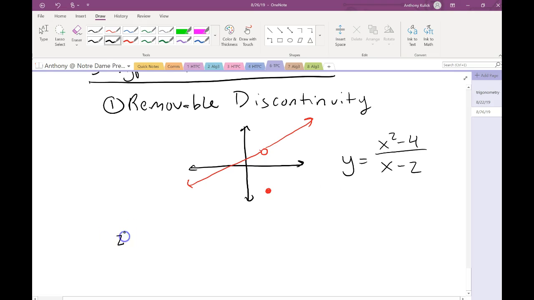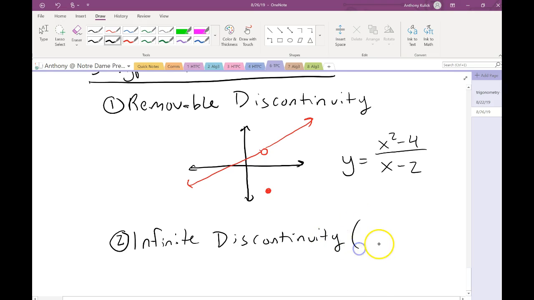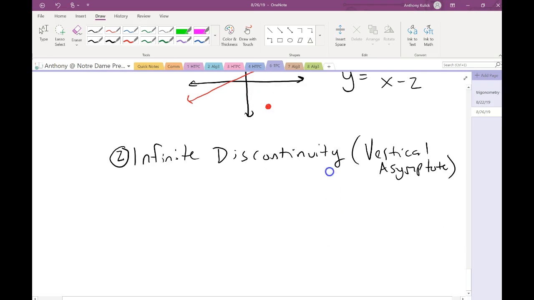There was a second kind that we saw last year. It was called an infinite discontinuity, but we didn't call it that last year. Last year we called it a vertical asymptote. You can use those two terms interchangeably in this class. I wouldn't fault you for that. Those are basically referring to the same thing.